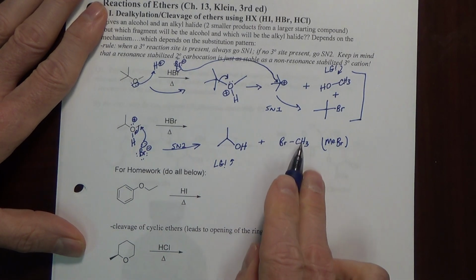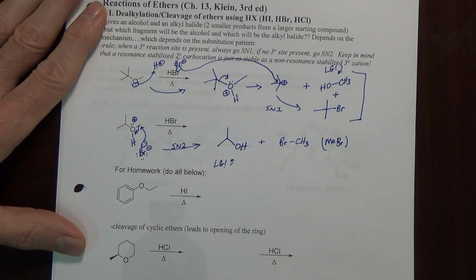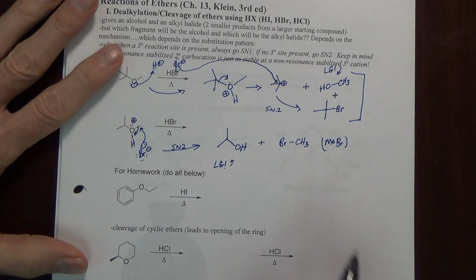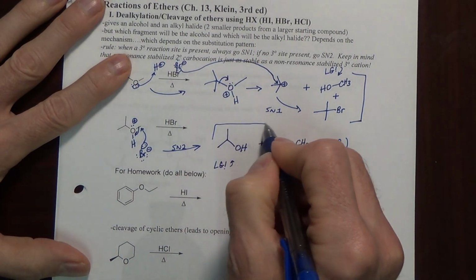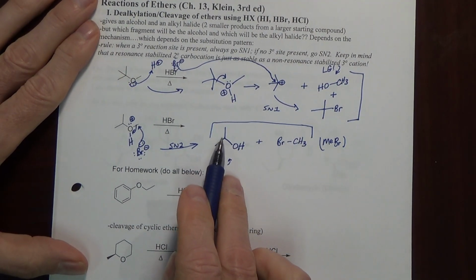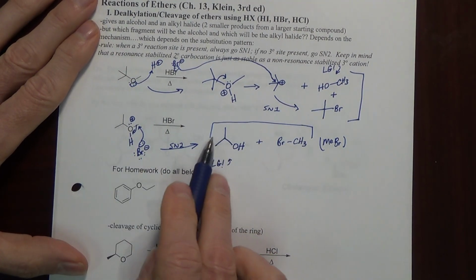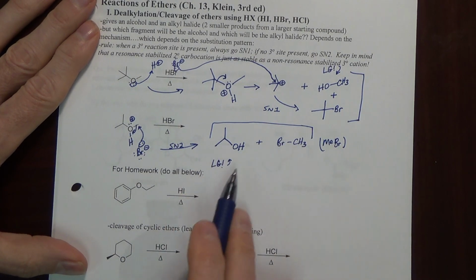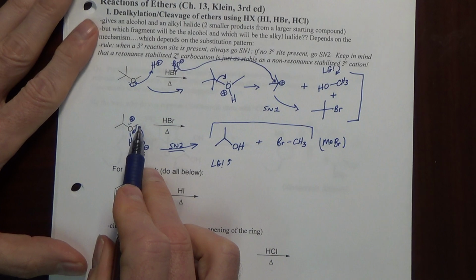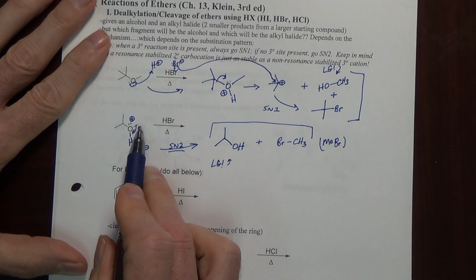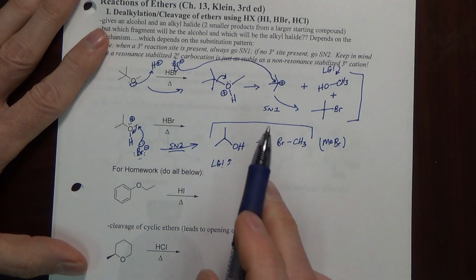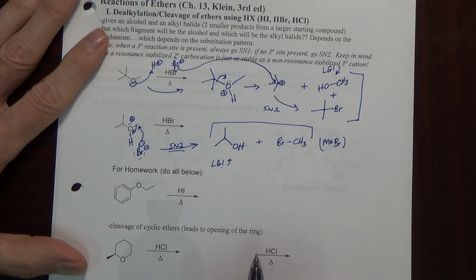I showed out the carbon. And so in this case, the OH ends up on the substituted fragment, okay? Because we did an SN2, we attacked the least sterically hindered site. All right.